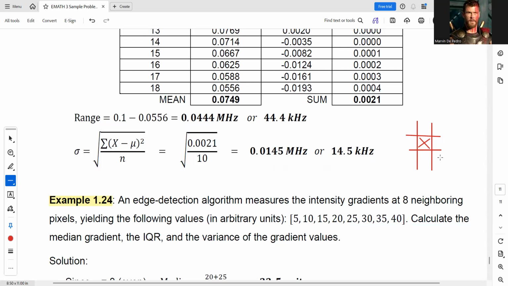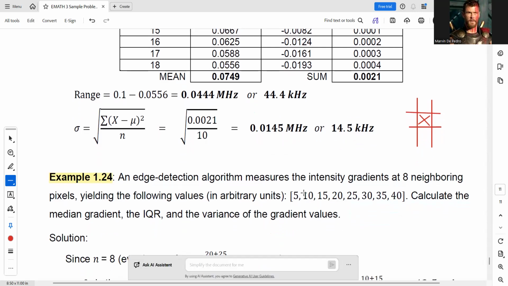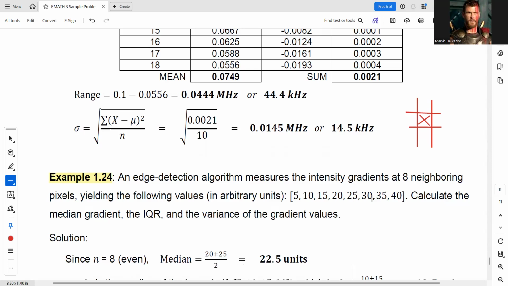We are asked to calculate the median gradient, the IQR, and the variance of the gradient values. So we are looking for the median. It's already sorted, so no need to sort it. We just take the middle value.